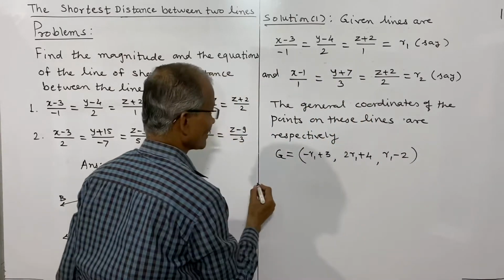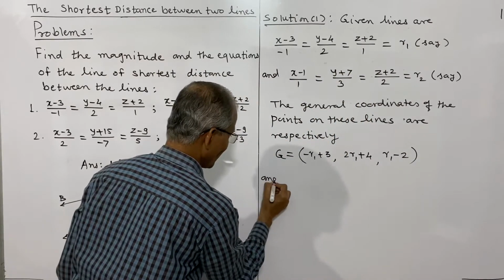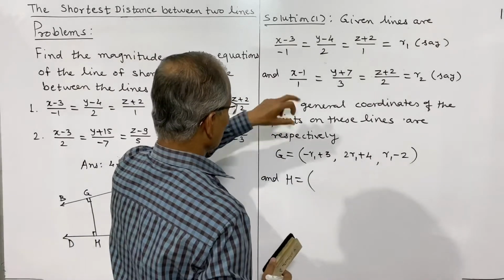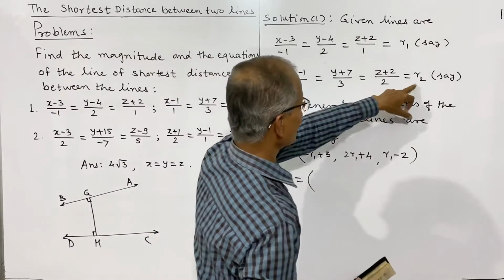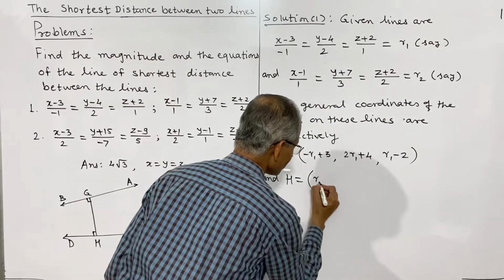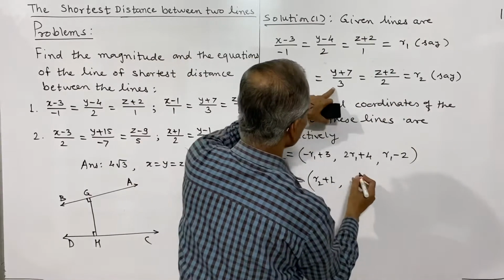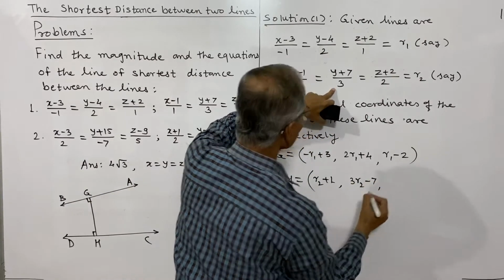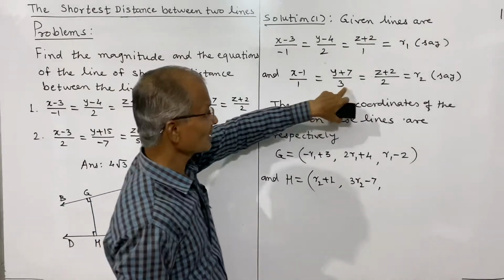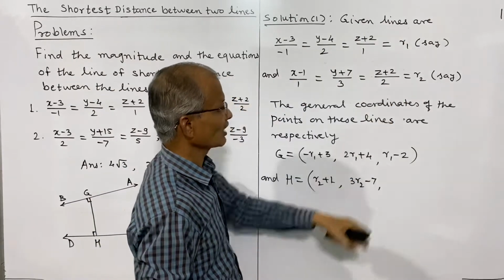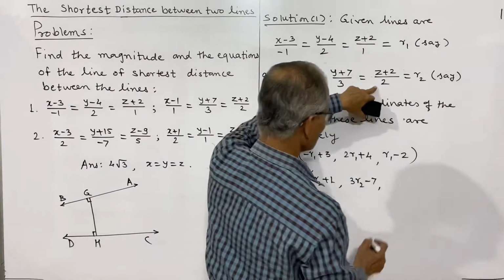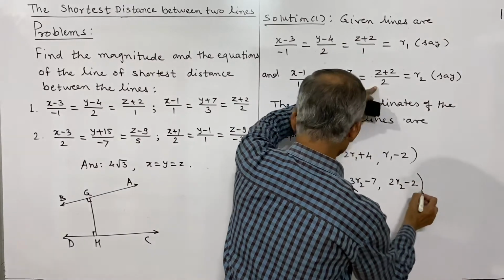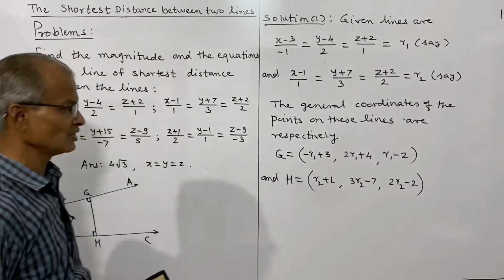This is G, and H is from this. This will be R2 plus 1. Next 3R2 minus 7. You can check this, equate the second ratio to the last, and this one is 2R2 minus 2. So thus these are the coordinates of G and H.